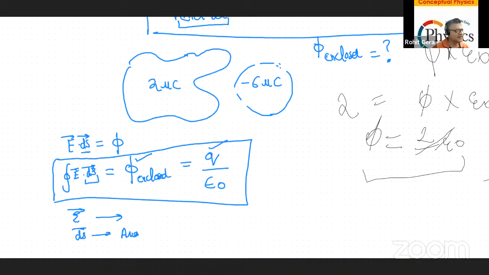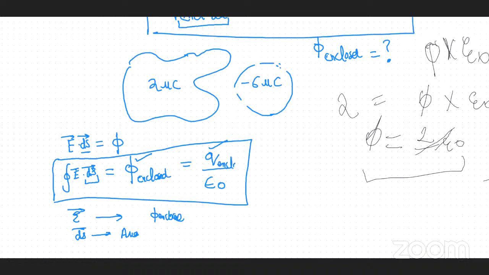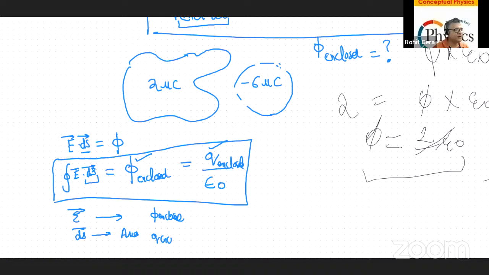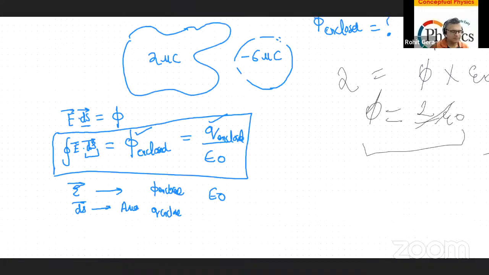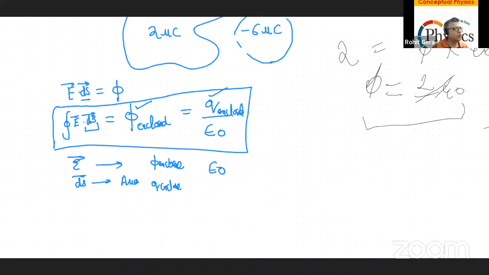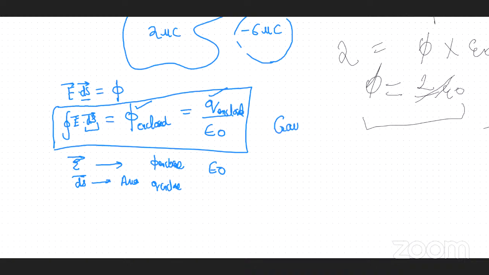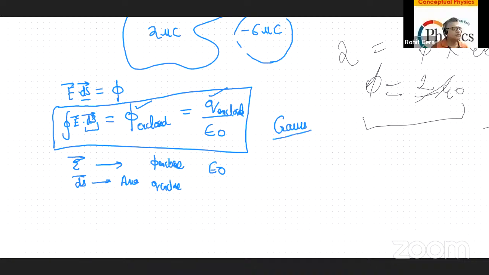The flux enclosed, the Q enclosed, and the permittivity of the medium, all of them together have to be dealt with. And who brought this whole thing together? Gauss.